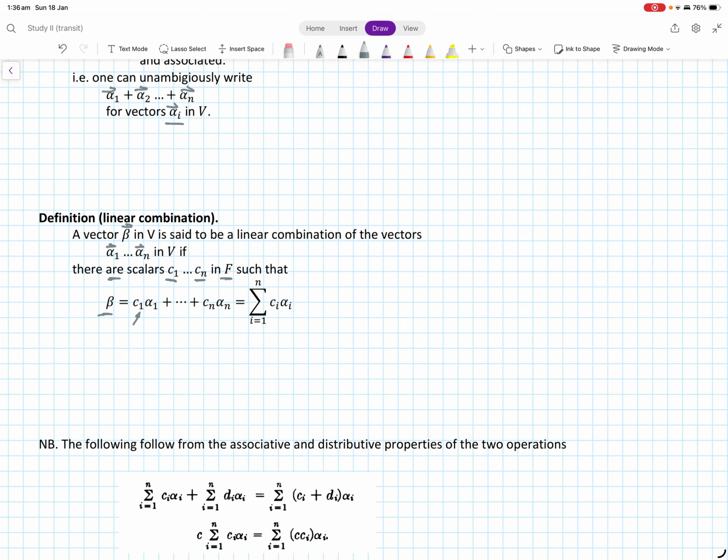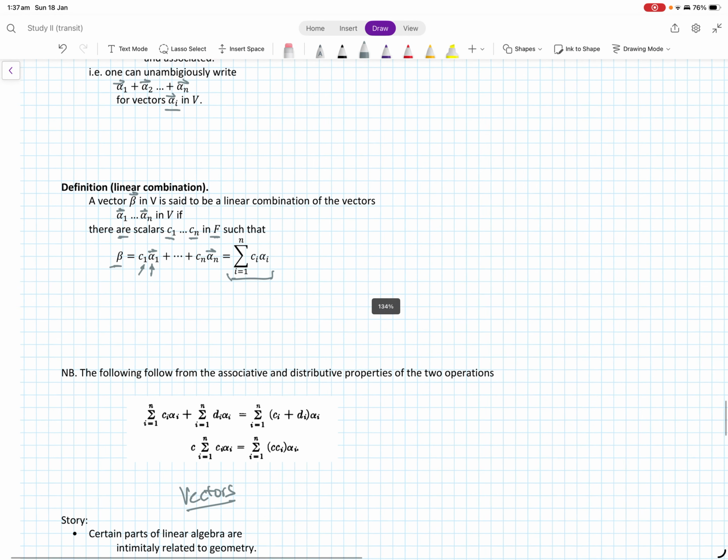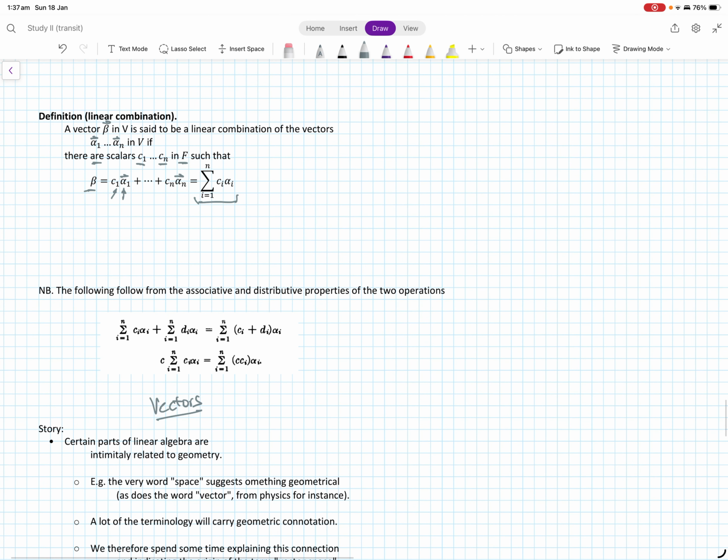So the coefficients are given by the c's and the vectors are given by the alphas. Or more compactly, one can write the following summation.